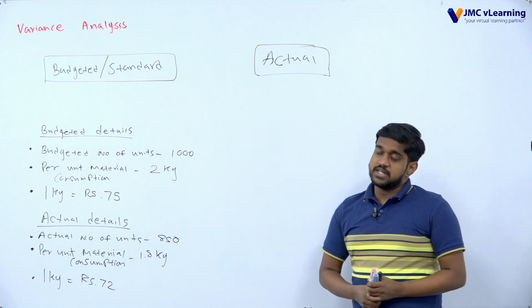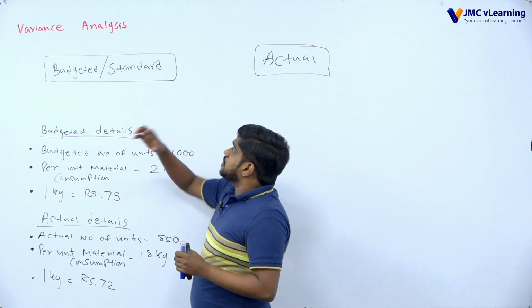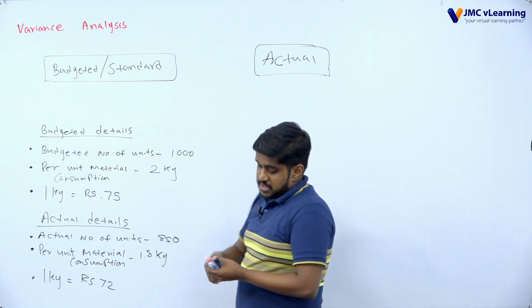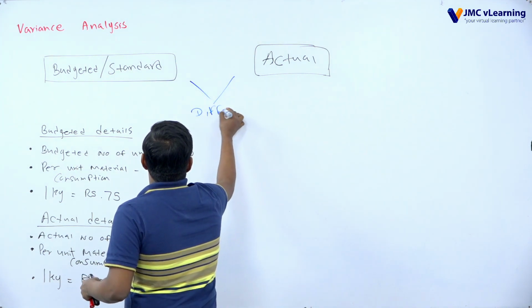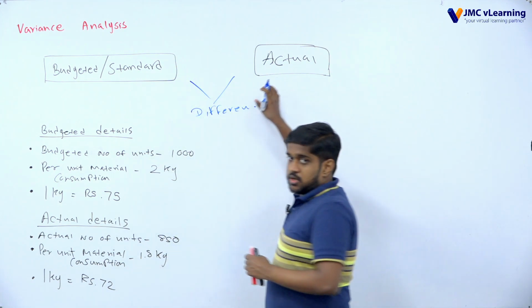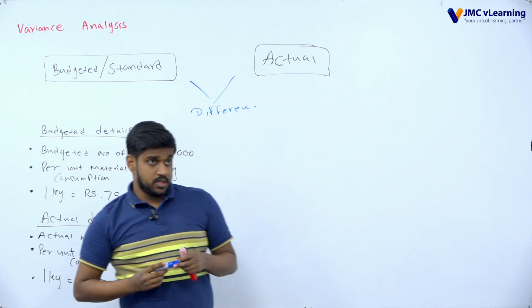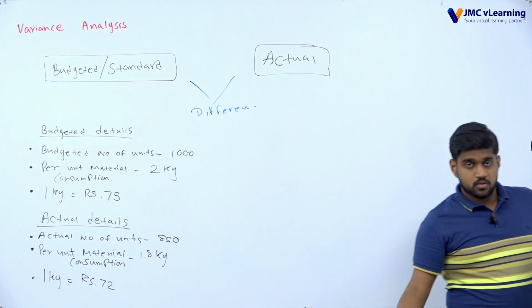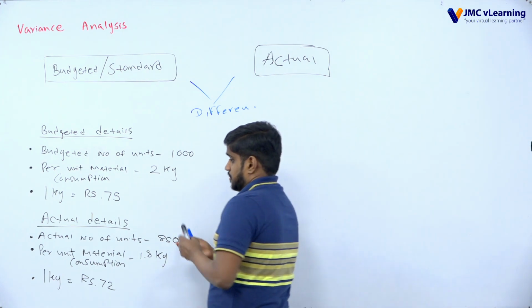to our management. Under the variance analysis, mainly we try to identify the difference between our budgeted or standard details and our actual details. Simply we can say this as the difference between our budgeted data and actual data. I hope you can remember when I discussed flexible budget, I told you we can calculate the difference between our actual data and flex data.